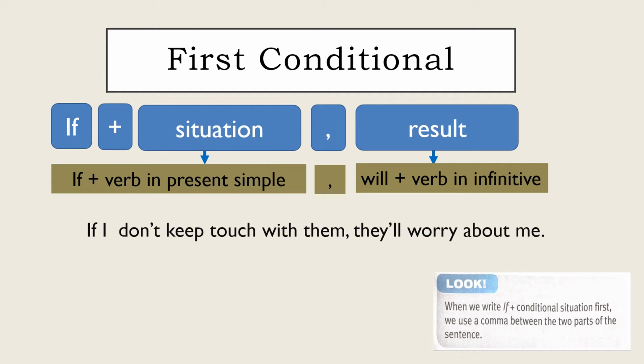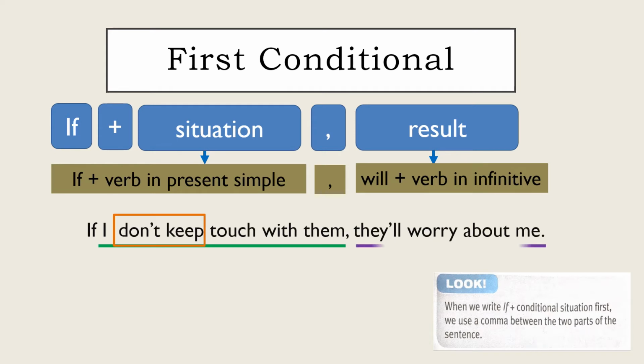Jika saya tidak menghubungi mereka, mereka akan bimbang tentang saya. It's also important to note that the situation must be if plus verb in the present simple. Don't keep. Dalam situasi, kita gunakan if ditambah dengan verb kata kerja dalam present simple, iaitu don't keep, bukan did.